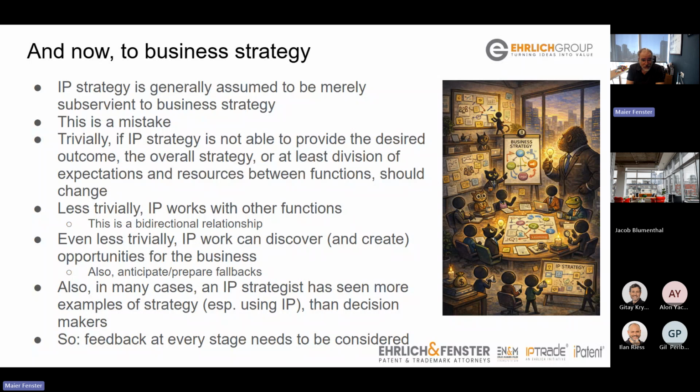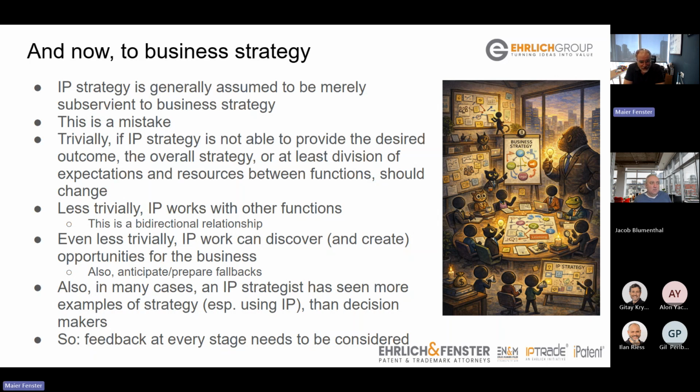Just on a trivia level, what if the IP strategy is unable to provide the desired outcome? That means it's a business strategy issue, but even just the distribution of expectation and resources between different company functions is going to have to change. But more than that, IP works together with other functions, so it's a bidirectional relationship.